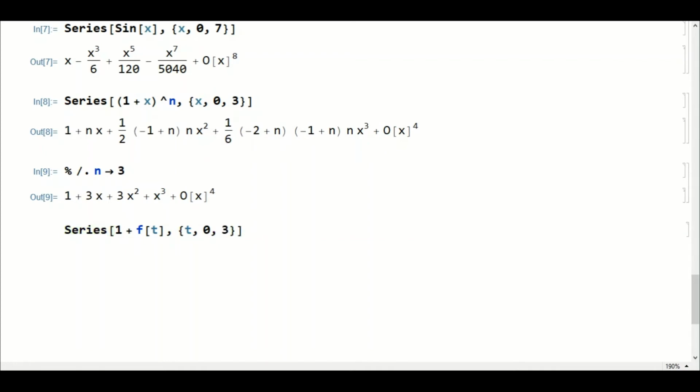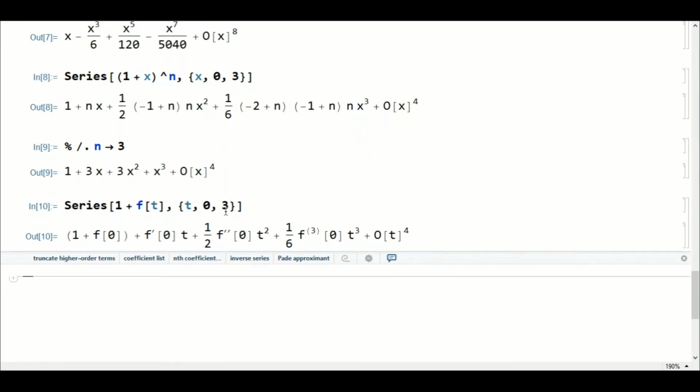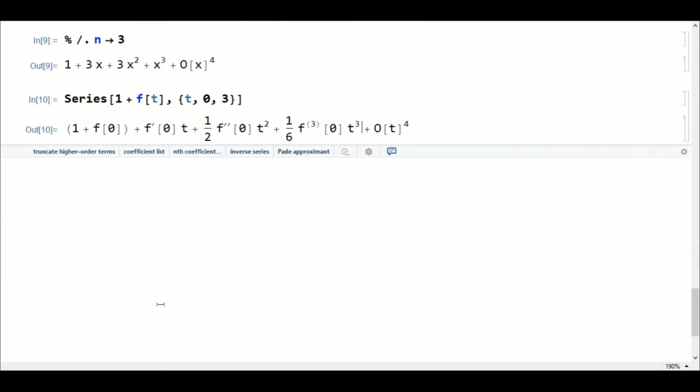So this is nothing but the Taylor series expansion of 1 plus f of t. If you remember, this is the expression of Taylor series expansion of the order of t cube, and the function is a function of t. So this is how you can find the Taylor series expansion also. This is an important application of Mathematica.